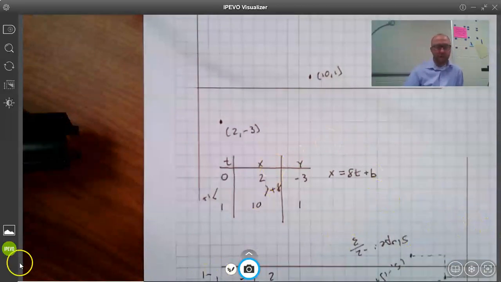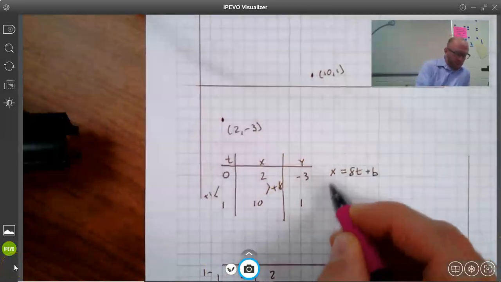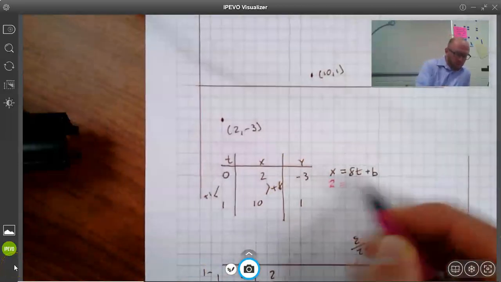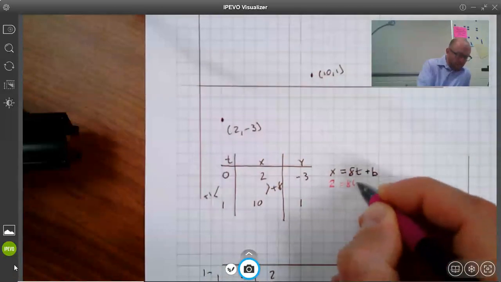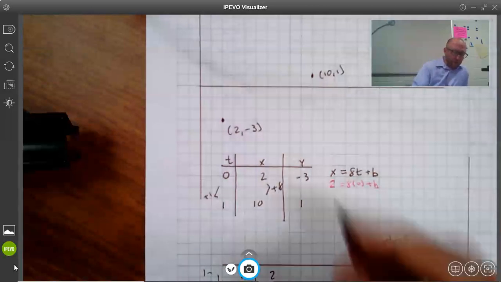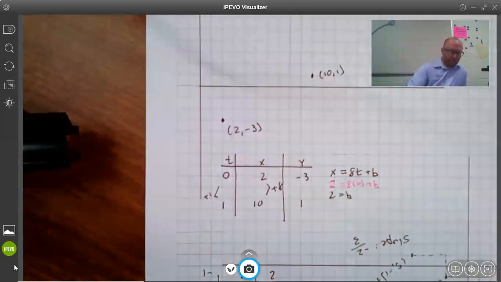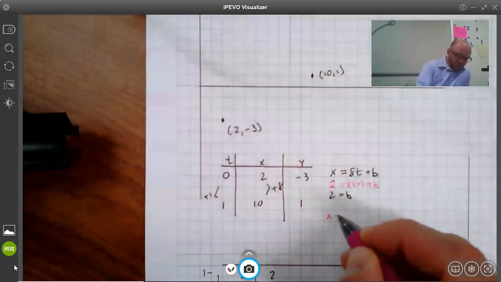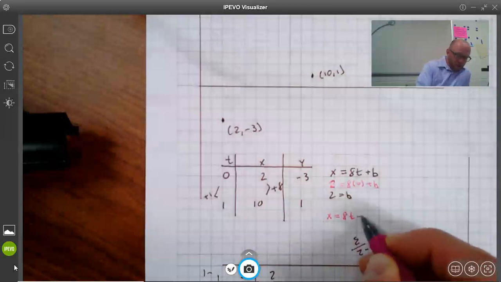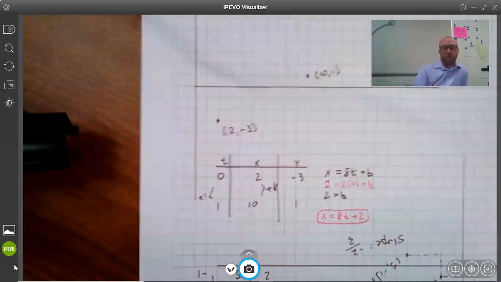So we'll enter 2 equals 8 times 0 plus our unknown b, which makes 2 equal to b. And so our equation is x equals 8t plus 2. You should always test out your equation, but it'll work.